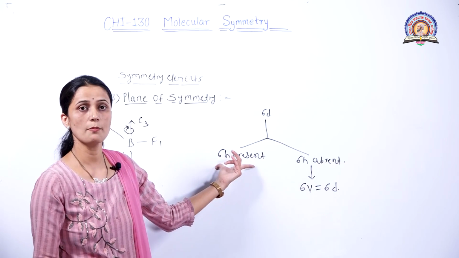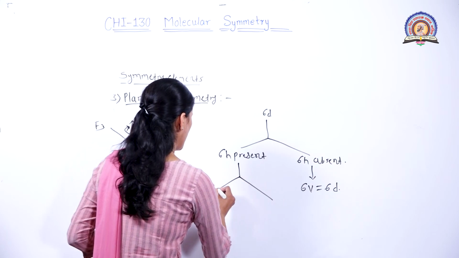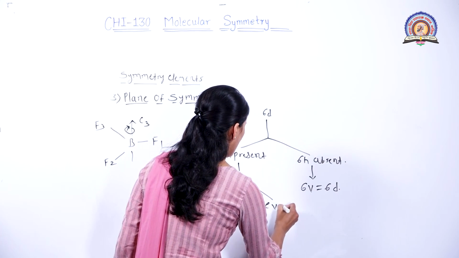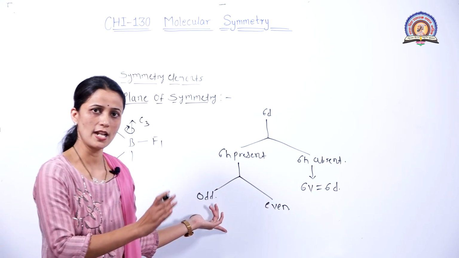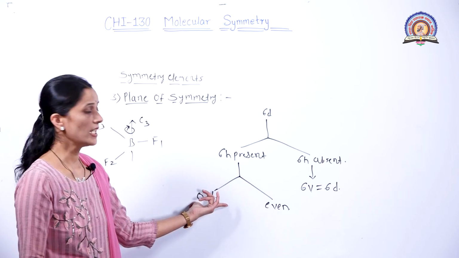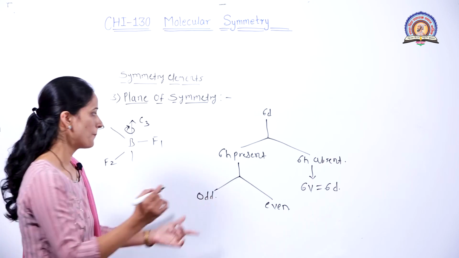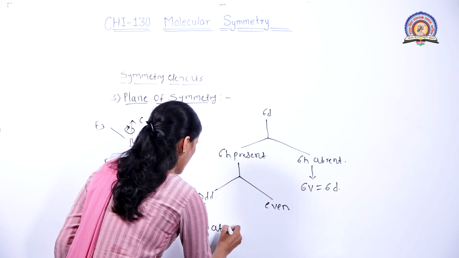But in case sigma h is present, the numbers can be odd or even, and this odd and even number means the number of ligands attached to the central metal ion. So if the number is odd, that is 3, 5, 7, at that time sigma d is absent.